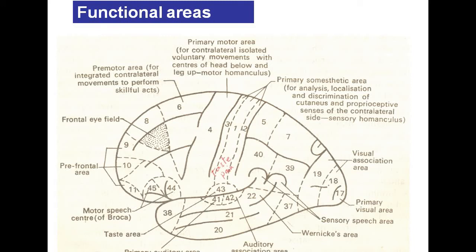So among the motor areas, you have the primary motor area, area number 4, the precentral gyrus. You have the premotor area, Brodmann's area 6, called the premotor area.